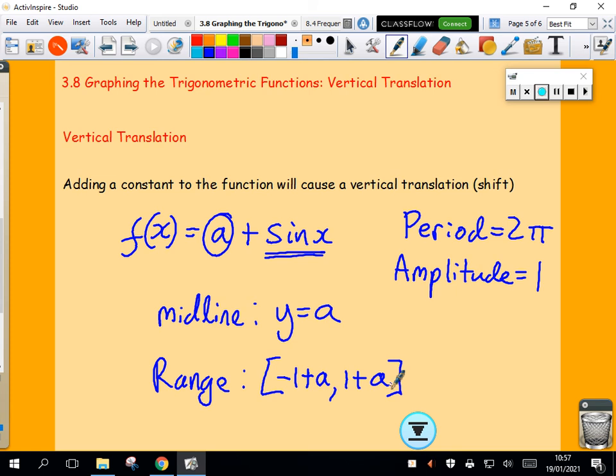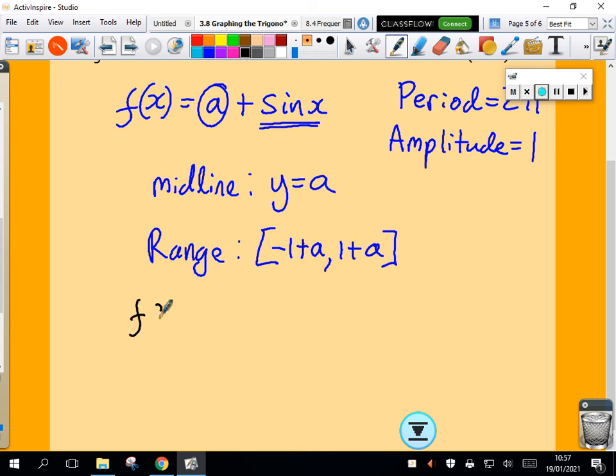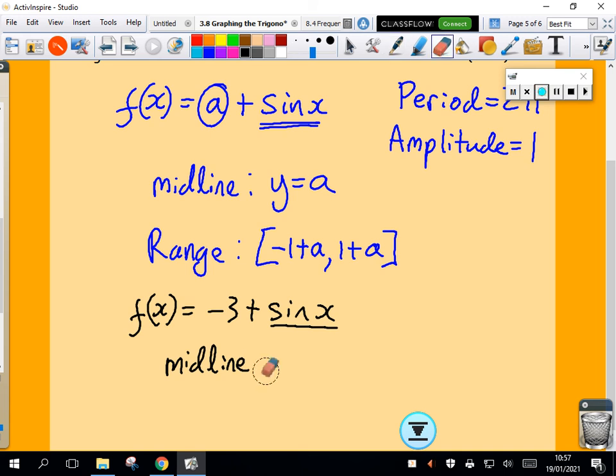So for example, let me make up a function here. Suppose I took the function f of x equals -3 plus sine of x. Period 2 pi, amplitude 1, because they're both the same as the period and amplitude of the sine function. But the midline is going to have equation y equals -3, whatever that quantity I've added in there is.